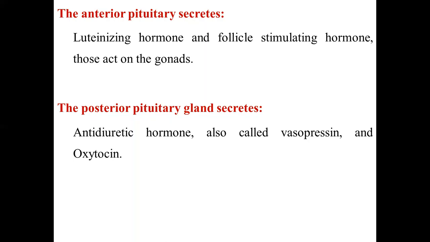So luteinizing hormone secreted by the anterior pituitary gland goes via blood to the gonads, the testes in the male and ovaries in the female, and then the gonads produce the other types of hormones, steroid hormones: testosterone, estrogen, and progesterone.